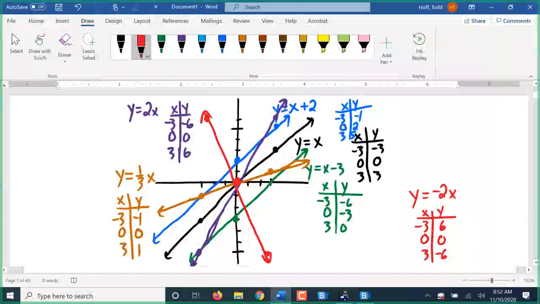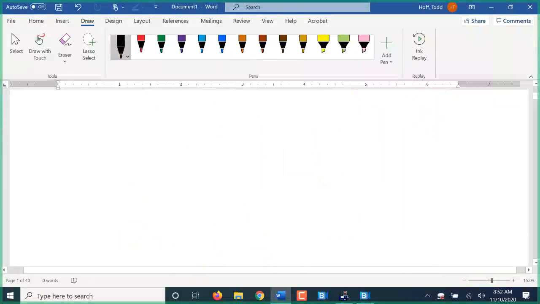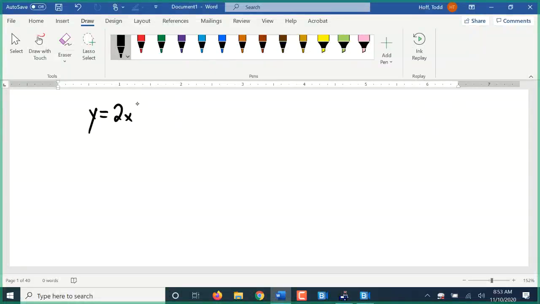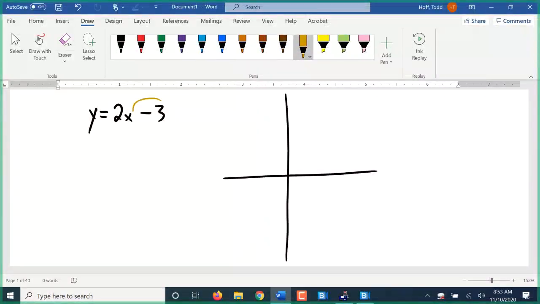So there's only two things that can happen to our graph. We can add or subtract from it, which moves it up and down. So instead of going through the origin, the minus 3 here means we go down 1, 2, 3.